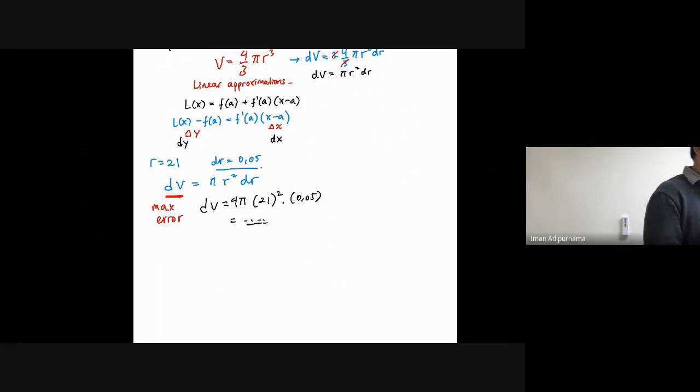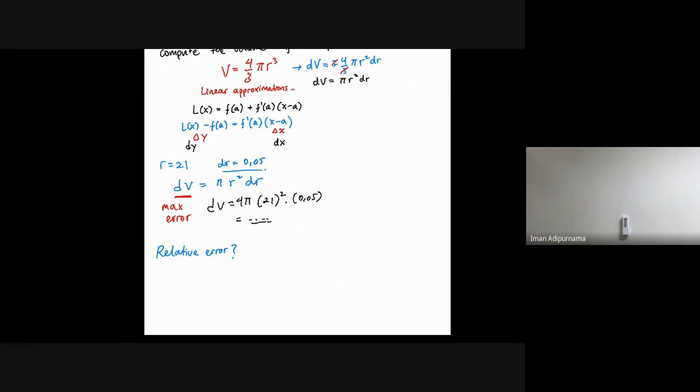If you are asked about relative error in the questions, how do you compute relative error?